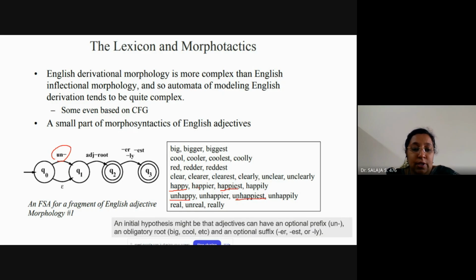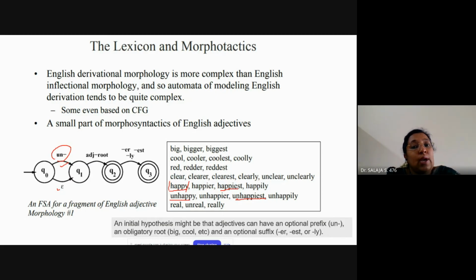These are the four words. Now, what happens? Happy is an adjective which doesn't have a prefix or a suffix. So you move from Q naught. At Q naught, you have two transitions: one is on un and the other one is on epsilon. What does epsilon mean? Epsilon means it's an empty string.